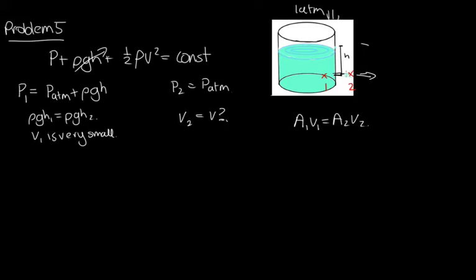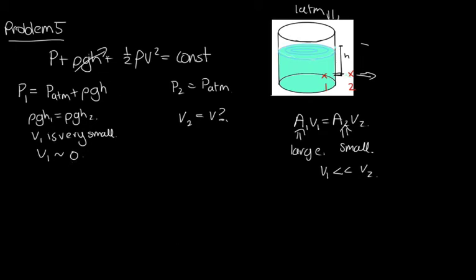Now the cross-sectional area here is very small. So this is small, as the opening on the tap's small, and that gives us the cross-sectional area here. Whereas this cross-sectional area here is the entire tank. So this is large. So we know that if this is large, then V1 has to be a lot less than V2. So we can approximate V1 as 0.